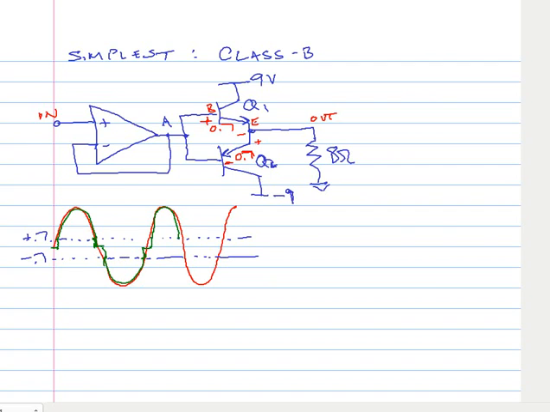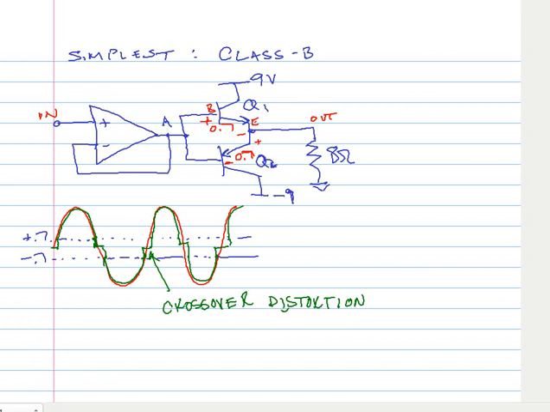And we repeat. So our output looks like a sinusoid except for these regions where neither transistor is on, and this is called crossover distortion. As the current is crossing over between Q1 and Q2, or between Q2 and Q1, we get this crossover. This will cause distortion in the sound, or poor sound quality.